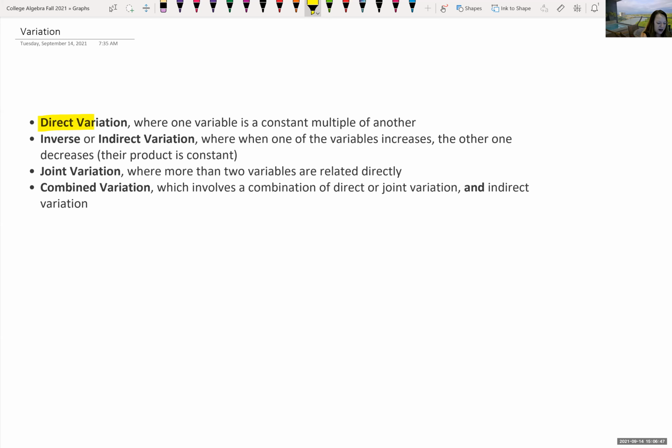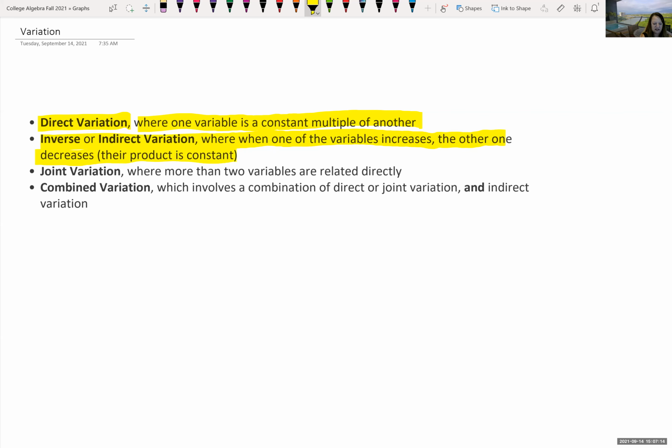One is a direct variation, and this is where one variable is a constant multiple of another. I'm going to read through these and then we're going to look at how to set these up. So if you have an inverse or indirect variation, this is where when one of the variables increases, the other one decreases.